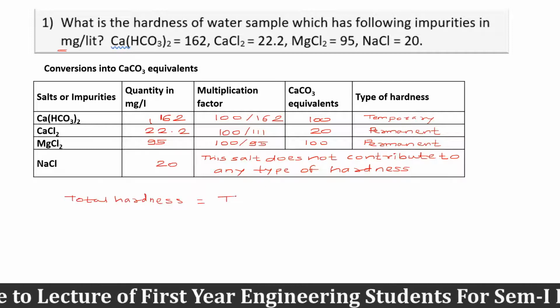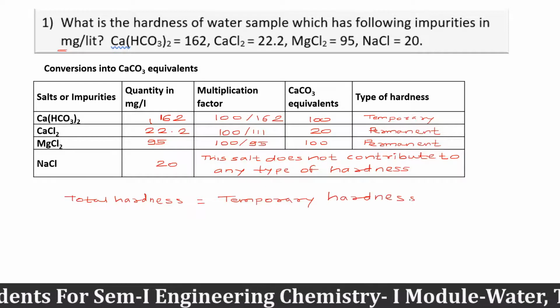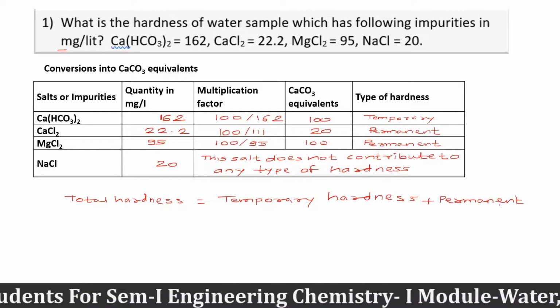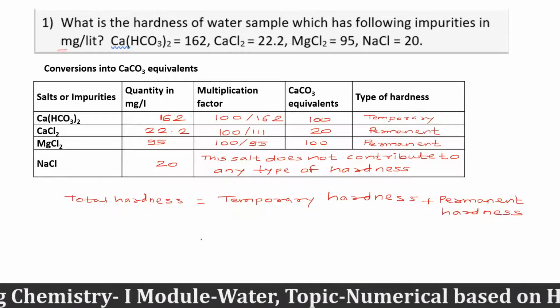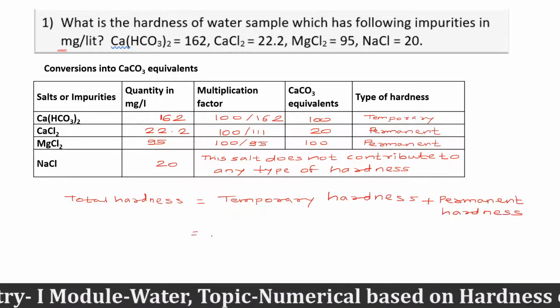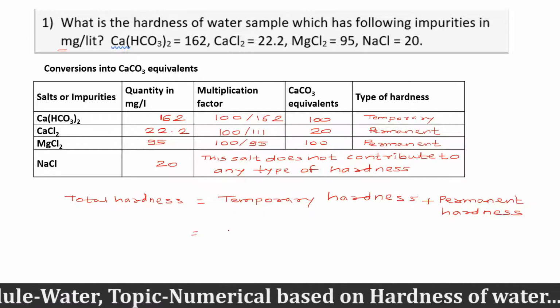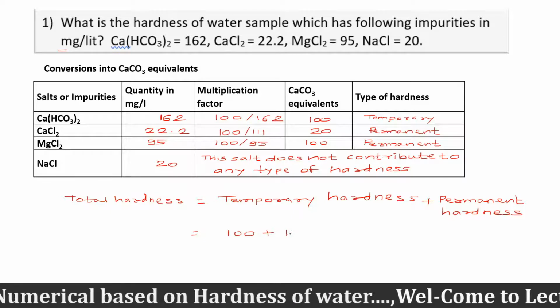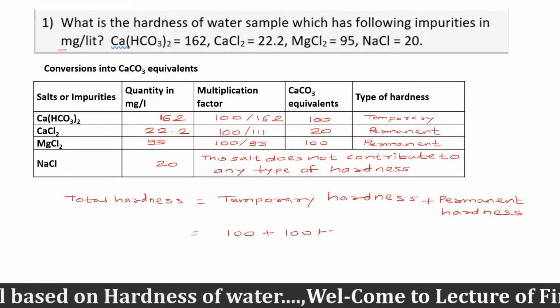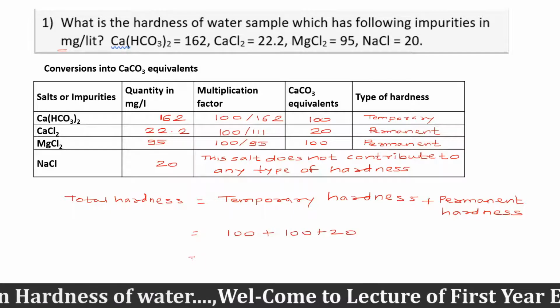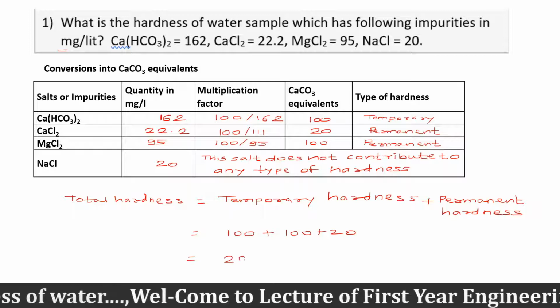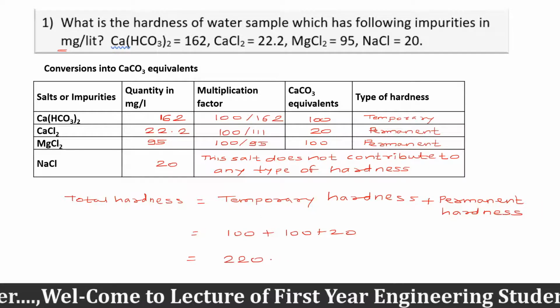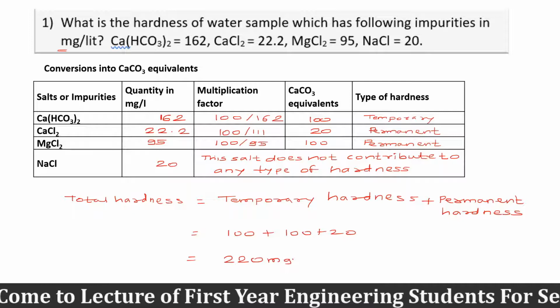It is nothing but temporary hardness plus permanent hardness. So put the values of temporary and permanent hardness causing factor. So 100 plus 100 plus 20. So our answer is 220 milligrams per liter.